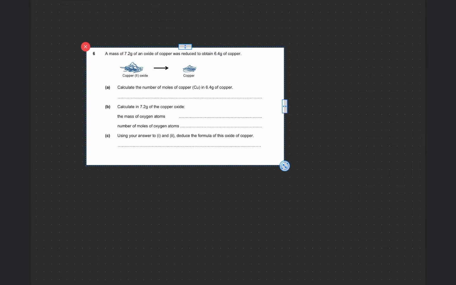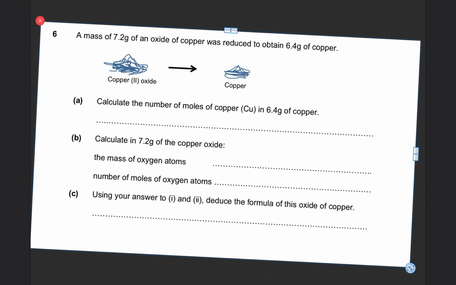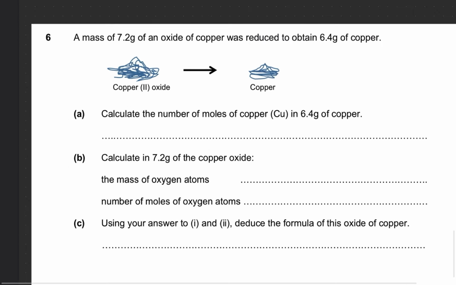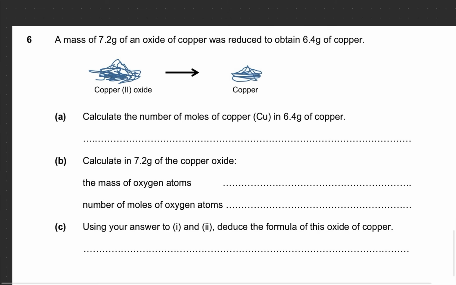So let's try a practice question. A mass of 7.2 grams of an oxide of copper was reduced to obtain 6.4 grams of copper. Calculate the number of moles of copper in 6.4 grams of copper.